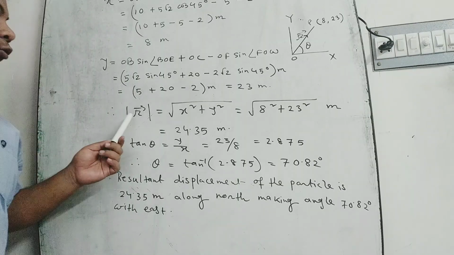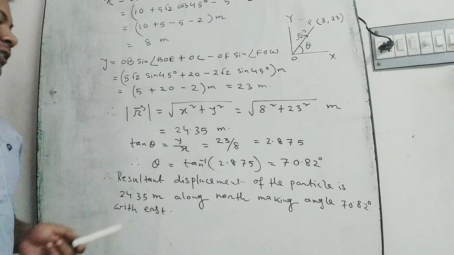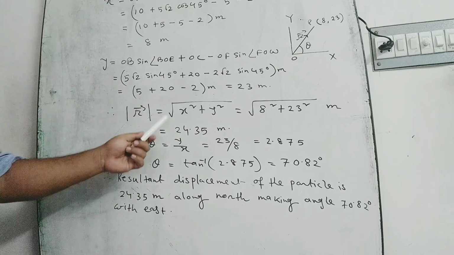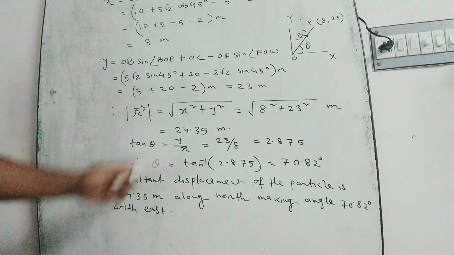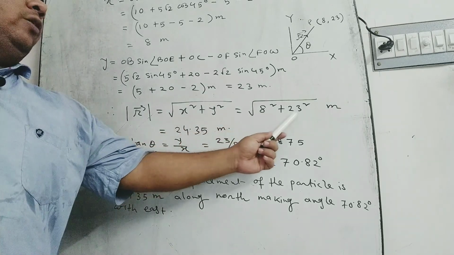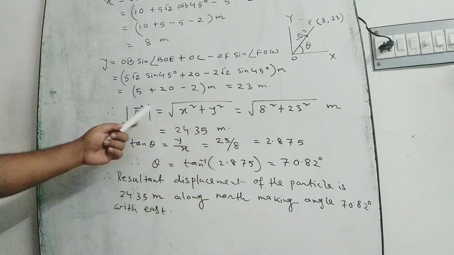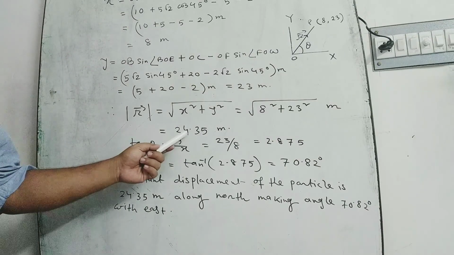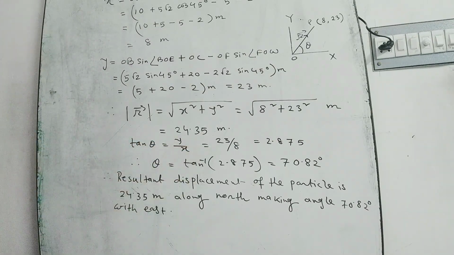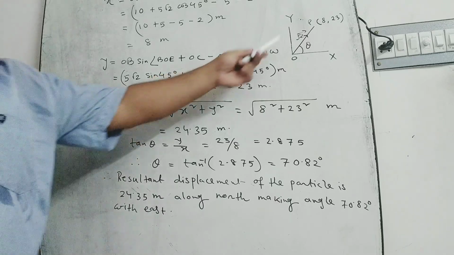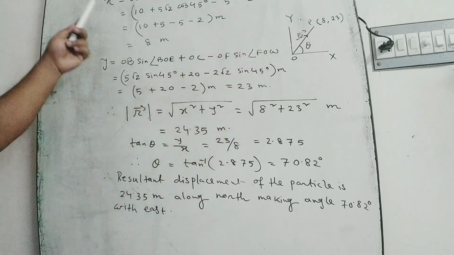Therefore, magnitude of R vector or resultant vector, that is mod of R vector, is equal to under root of x square plus y square, is equal to under root of 8 square plus 23 square meter. This is equal to approximately 24.35 meter. And tan theta is equal to y by x.